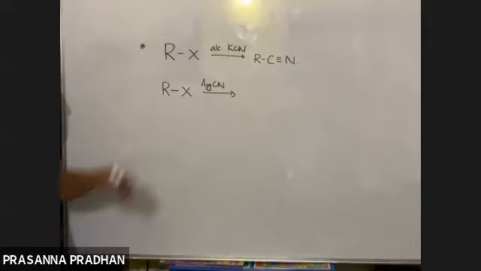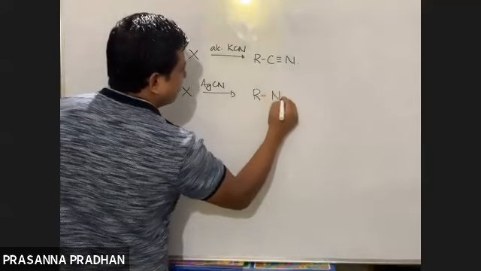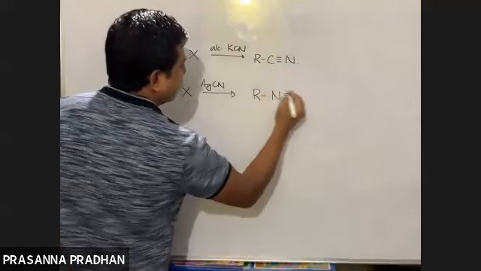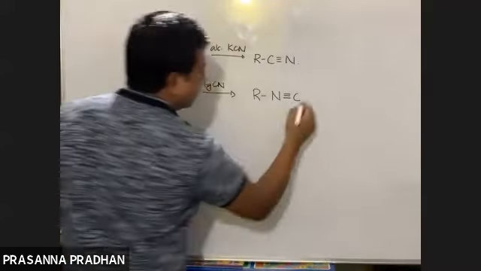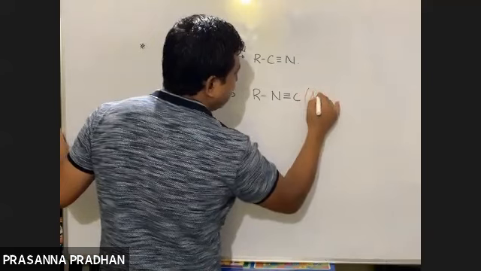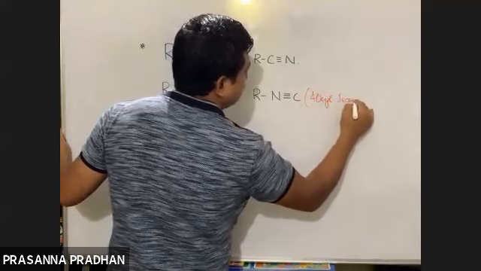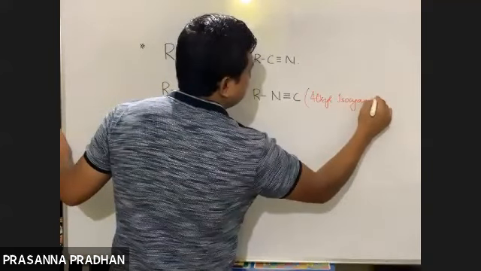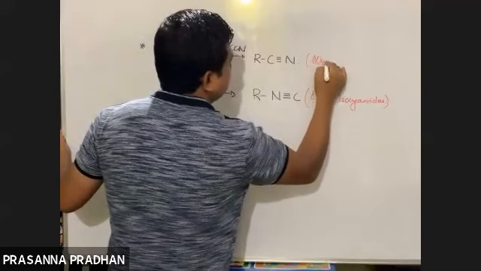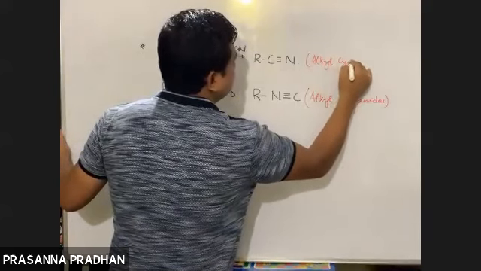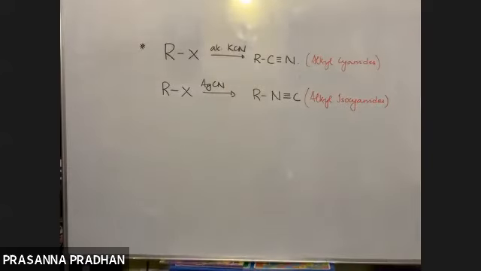When it is treated with silver cyanide, we get RNC, and this class of compounds are known as alkyl isocyanides. This class of compounds are known as alkyl cyanides. These are known as alkyl isocyanides.